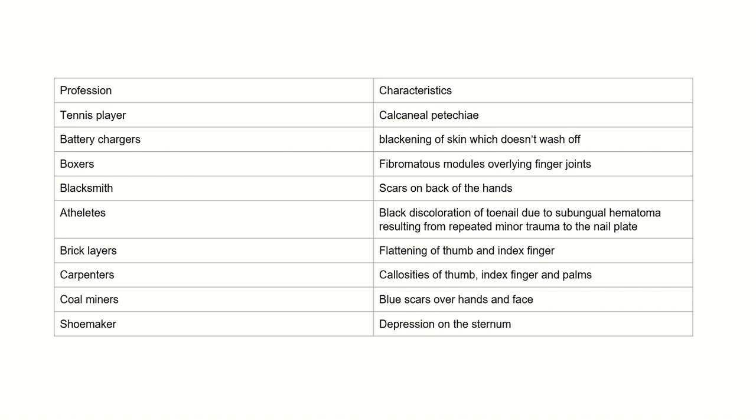Profession and the characteristic injuries. Tennis player, calcaneal petechiae; battery chargers, blackening of skin; boxers, fibromatous nodules overlying finger joints; blacksmith, scars on the back of the hand; athletes, black discoloration of toenail due to subungual hematoma; bricklayers, flattening of thumb and index finger; carpenters, callosities of thumb, index finger and palm; coal miner, blue scars over hands and face; shoemaker, depression on the sternum.